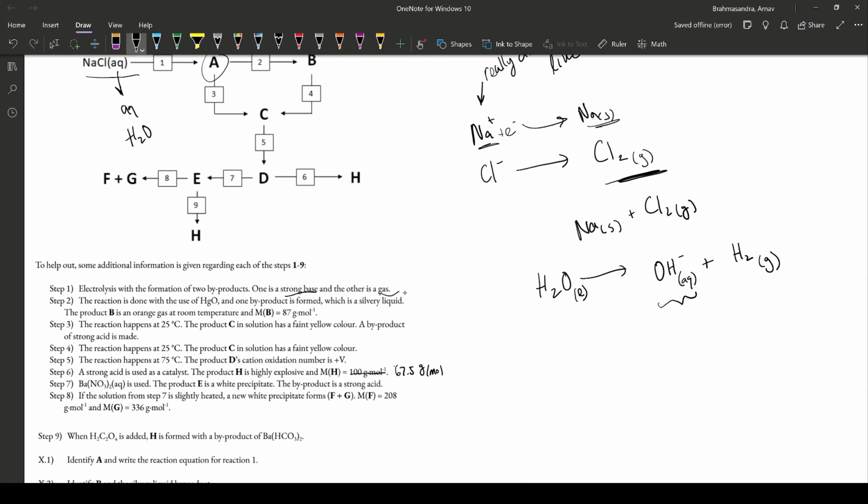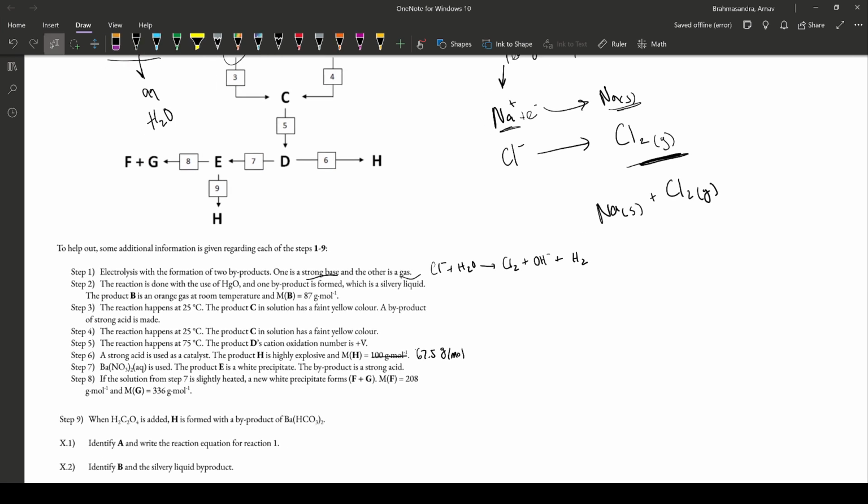So our general equation for this step is chloride reacting with water to form chlorine gas, hydroxide, and hydrogen gas. I haven't balanced it stoichiometrically yet, and we'll do that later, but I just wanted to show you what the general reaction would be for step 1.